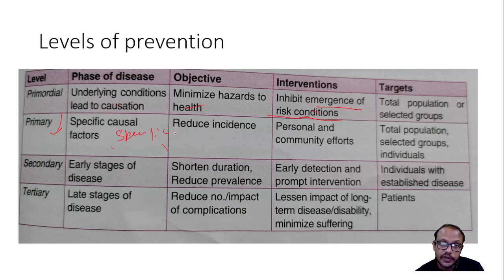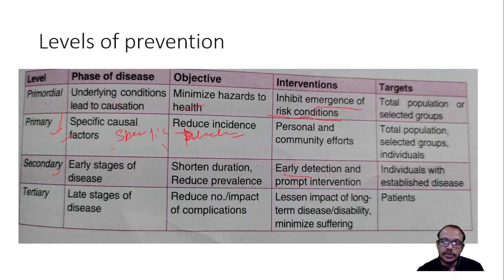Specific protection is also there. Wherever there is specific protection, the prevention is primary. For example, chemoprophylaxis and immunization are specific protections, so whenever they are there, it is a primary level of prevention. In secondary prevention, there is early diagnosis and treatment.